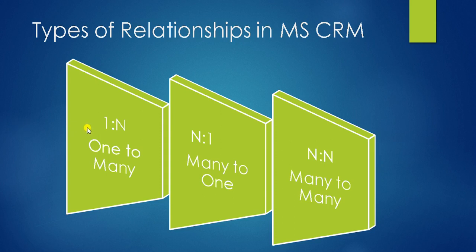So if I'll create 1:n relationship, it means an employer can have multiple employees in his organization. So in that way, I can create 1:n relationship in employer so that a lookup field should be added inside employee entity. So I will show you one after the other.